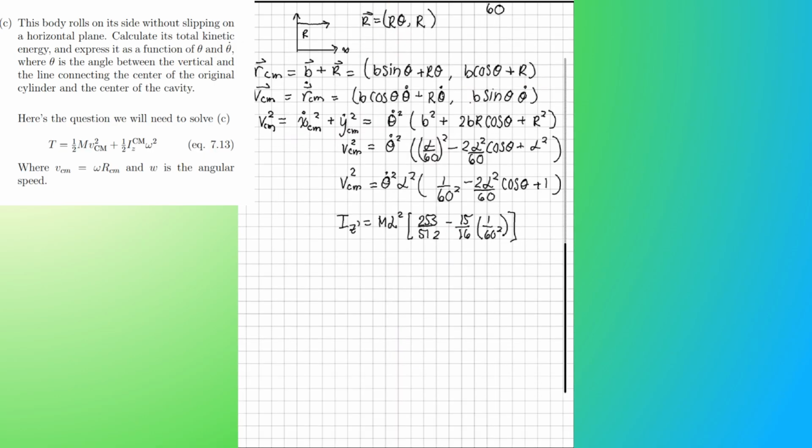Okay, so let's calculate T. So it's equal to half of the mass. In our case, the mass is 15m divided by 16 multiplied by v squared.